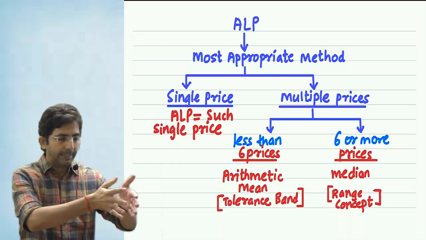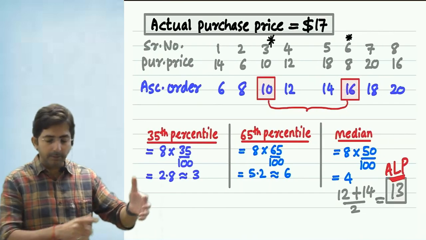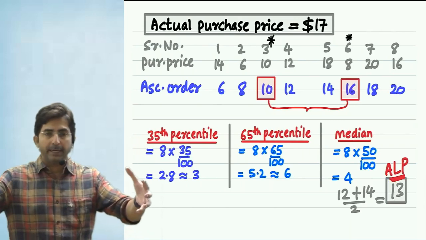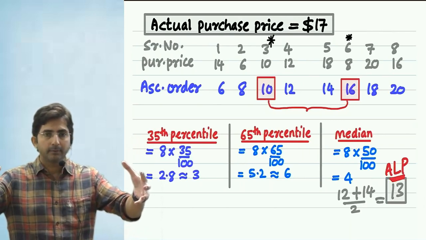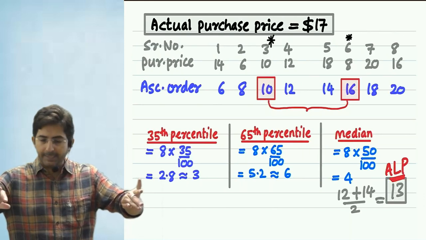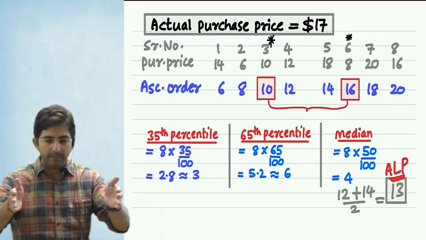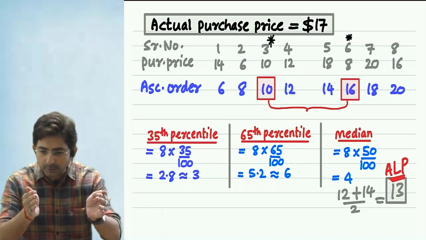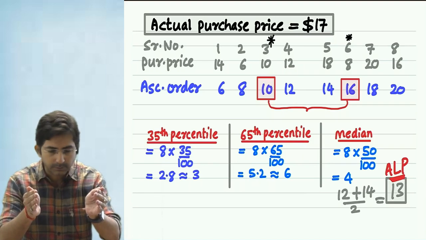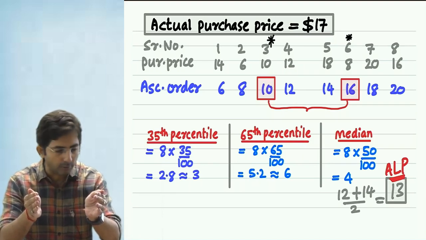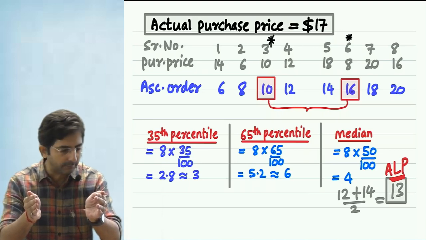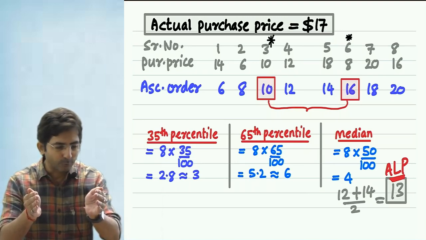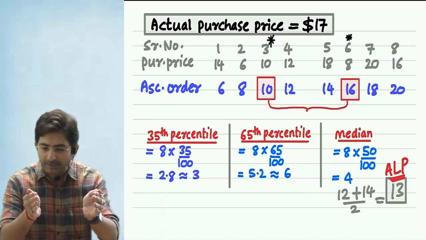Now look at this. These are 8 prices. In my example, 8 were there. Out of 8 prices, I removed the lowest and highest. Now I am left with central prices. In these prices, I am searching for my $17. I have to search for 17 in these central prices.